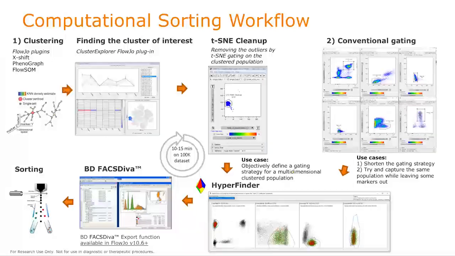We have a tendency to always do the same type of cleanups, start with scatter plots and such, and Hyperfinder is not going to say, I need to gate this first, because that's just the way I've always done it. It's going to say, what's the best parameters to use to get to that population as quickly as possible with the highest purity or yield as possible? So it's a really nice way to unbias your sort approach.